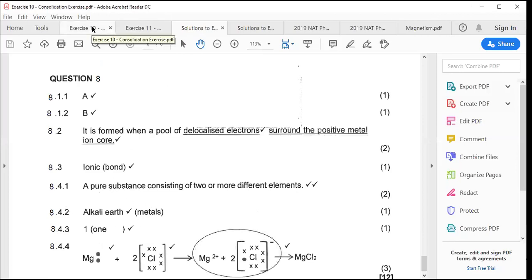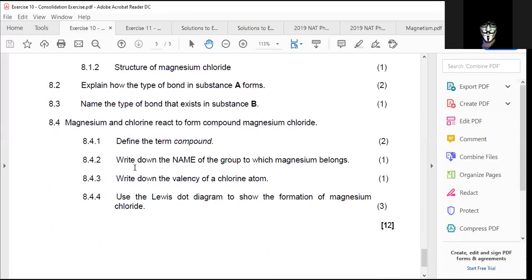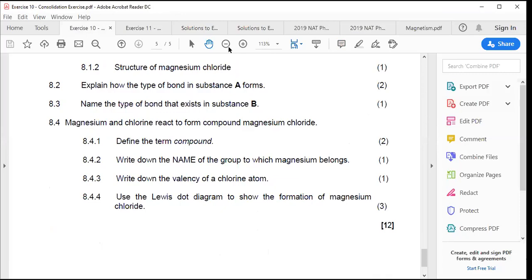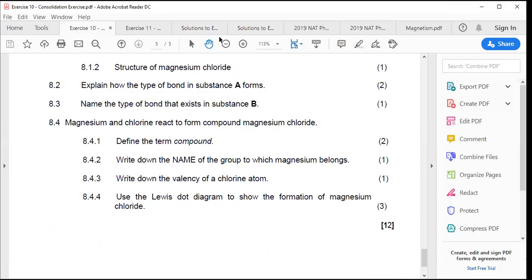Then we move on to 8.4.3. So isn't it alkaline? Isn't it alkaline earth metals? What is group 1? Alkaline metals. Yeah, so magnesium is in group 2, so it's alkali. Not alkaline, it's alkali metals.